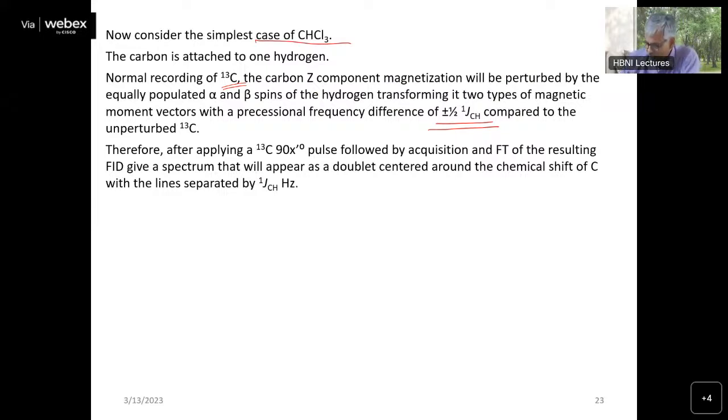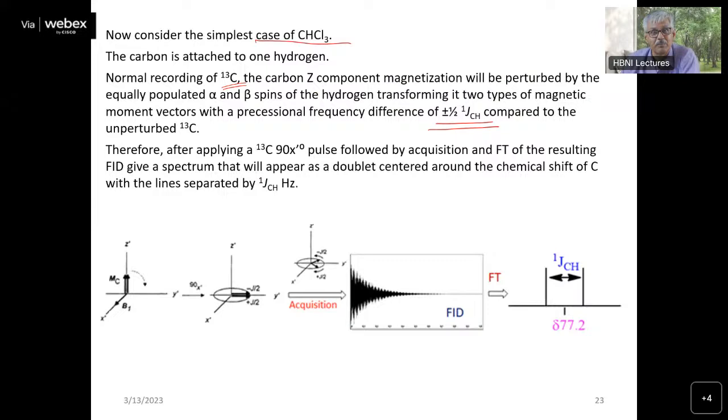Now we are giving the same pulse sequence. If you remember, we are giving a 90-degree carbon pulse, so we are bringing carbon onto the y-axis. Because of this coupling, this vector will be split into two vectors, one moving anticlockwise and the other moving clockwise with the same speed, because that is arising due to the coupling constant.